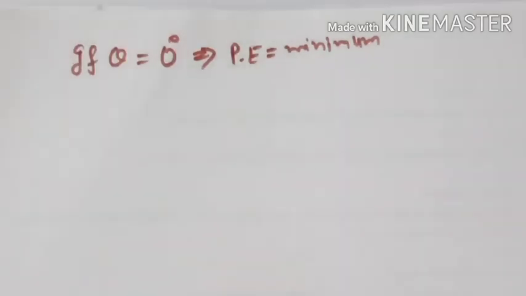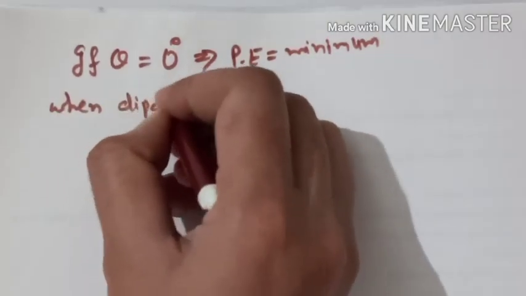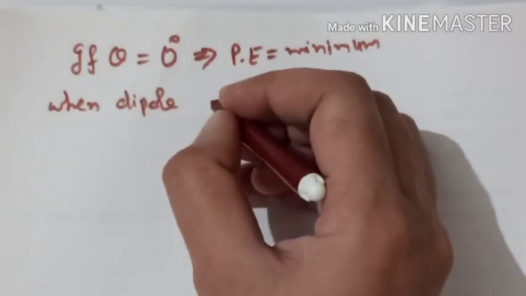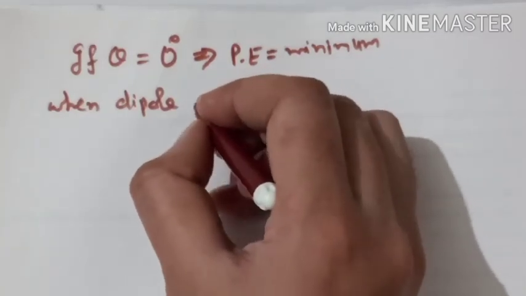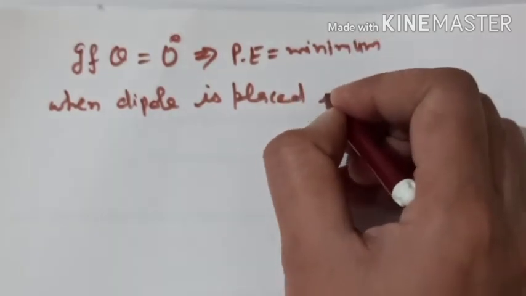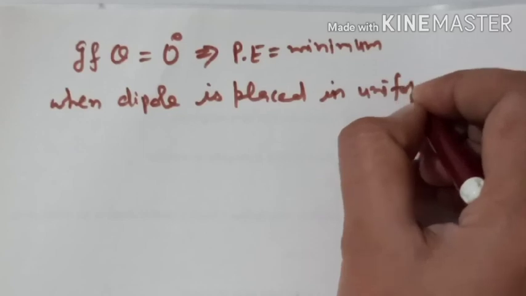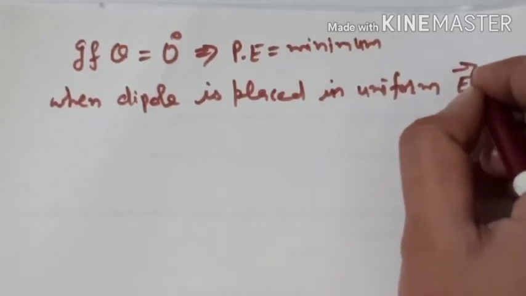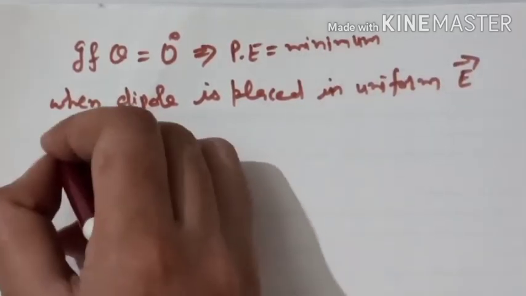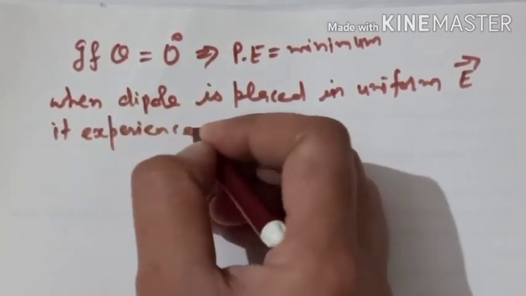As we know, when the dipole is placed in a uniform electric field E, it experiences torque.